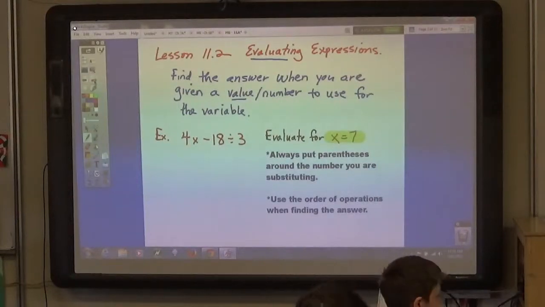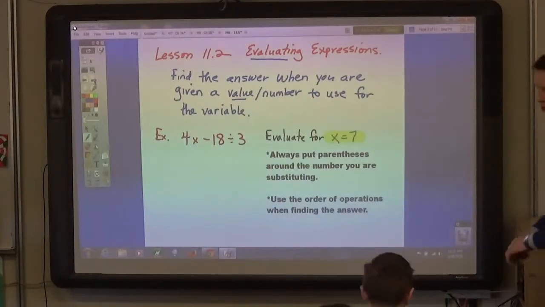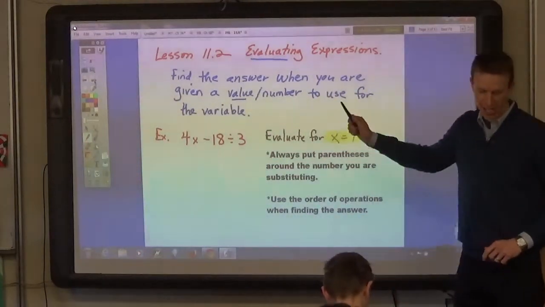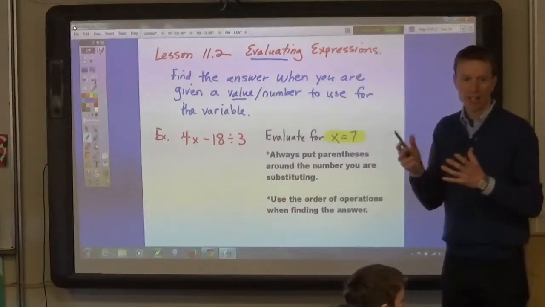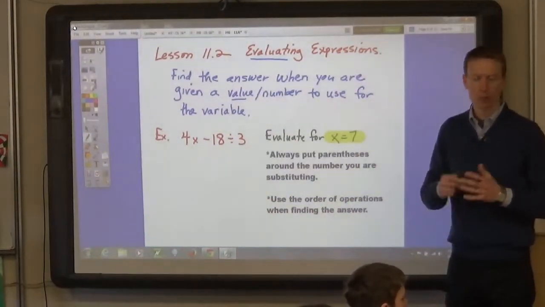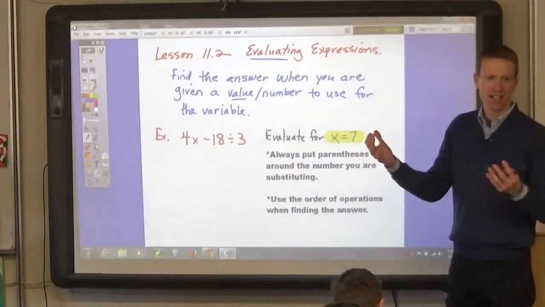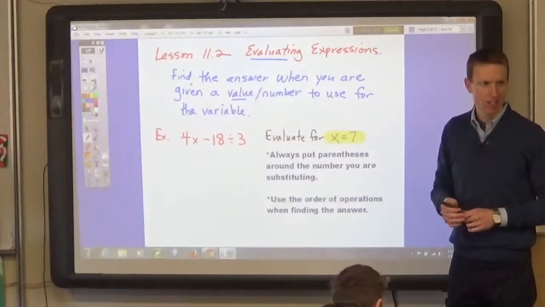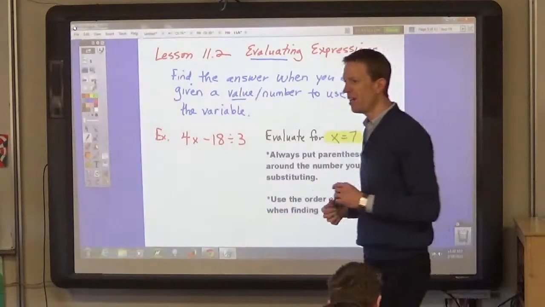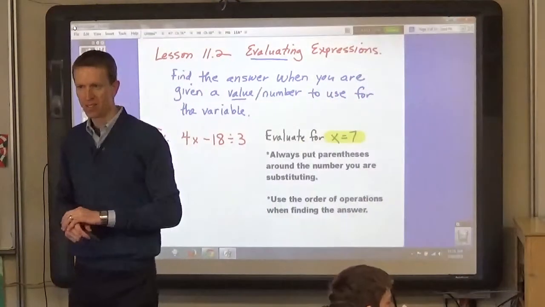Graders, we're going to talk about lesson 11.2 today, which is on evaluating expressions. We talked about expressions yesterday. Expressions are a way of writing a number, like the sum of n and 5, or 3 more than c.